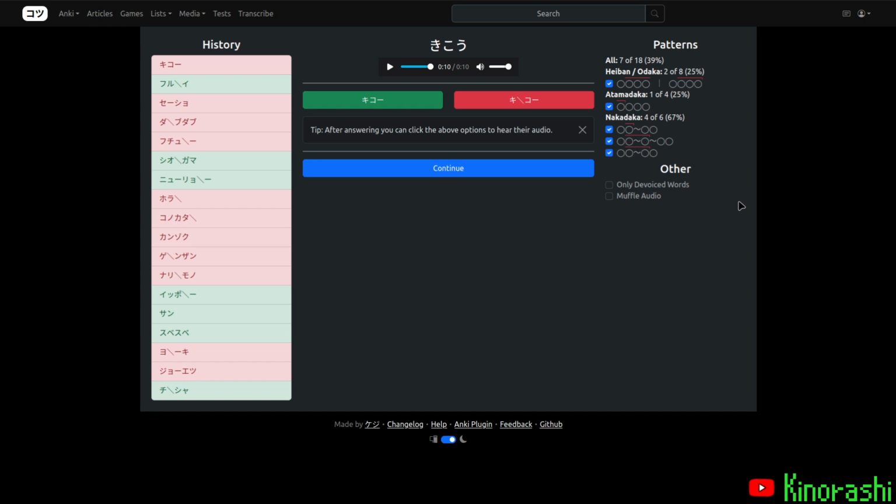on heiban words. In American English, words are most commonly accented on their second syllable, which corresponds to the nakadaka pattern, where the downstep occurs after the second mora of a word.